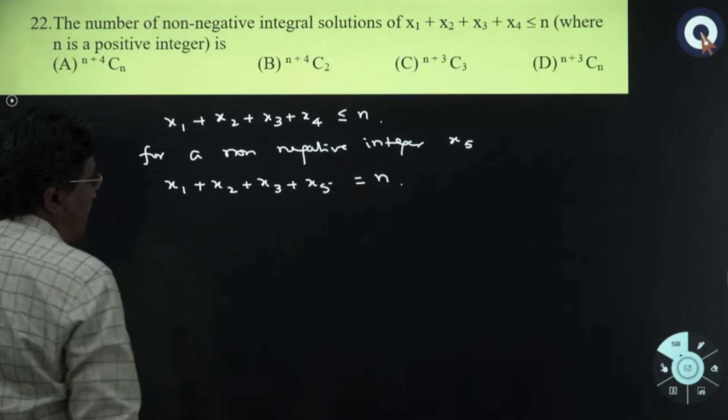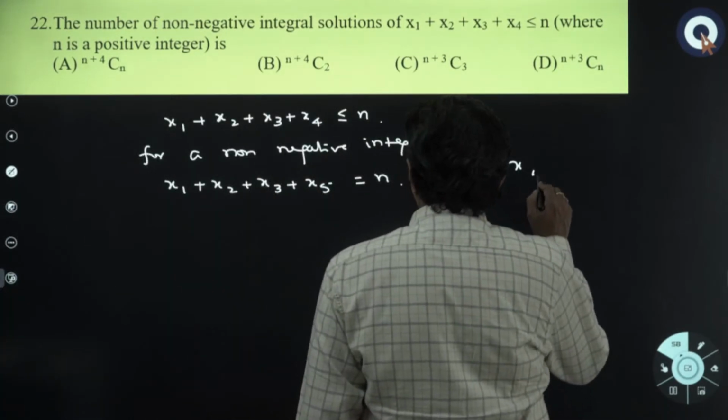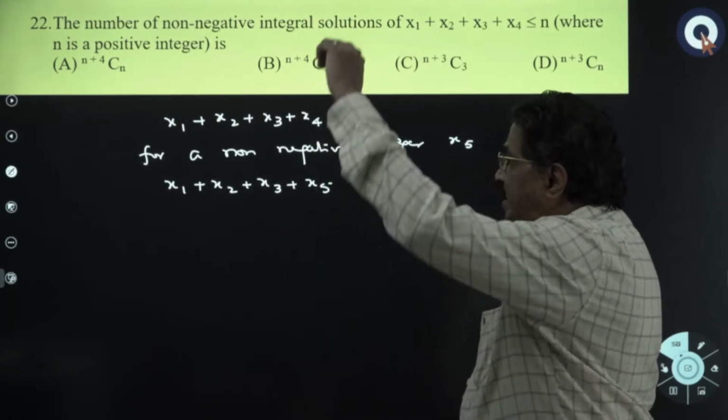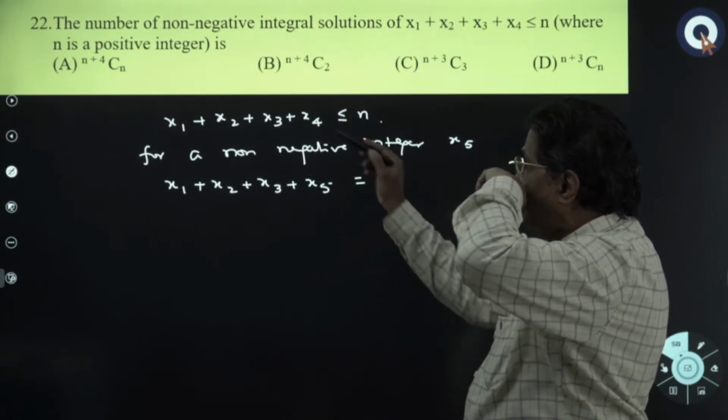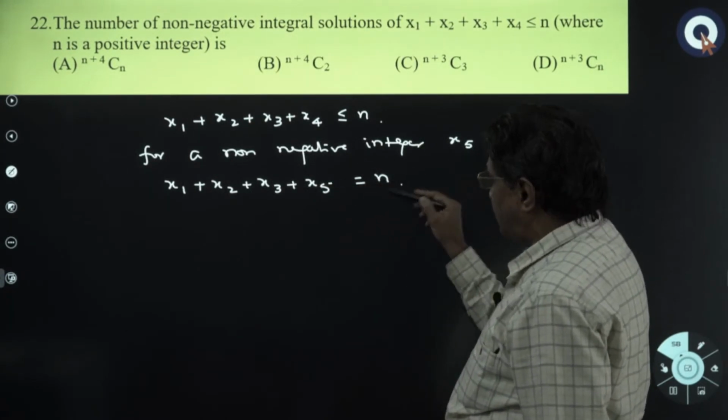So this is the point here. x5 can be greater than or equal to 0. So finding the number of non-negative integral solutions of this inequality is the same as finding the number of non-negative integral solutions of this equality.